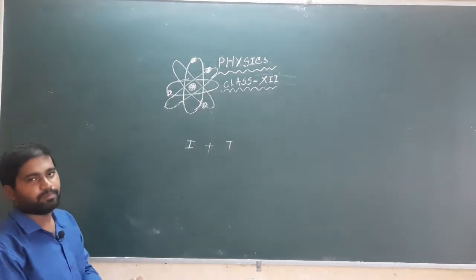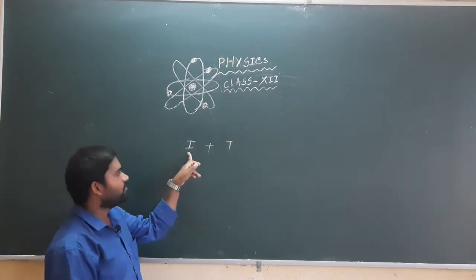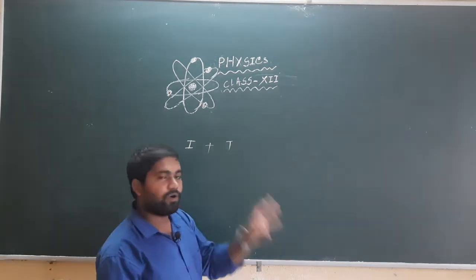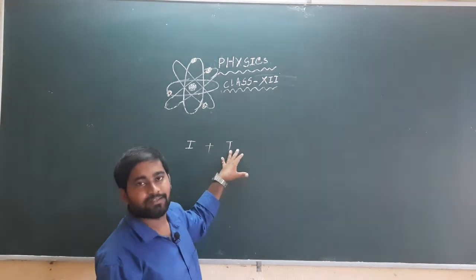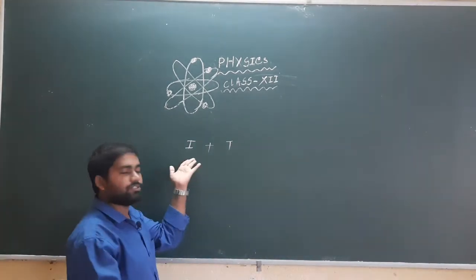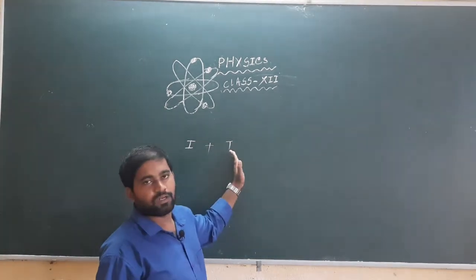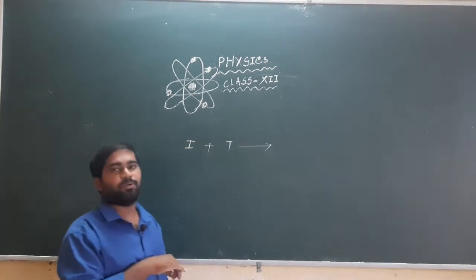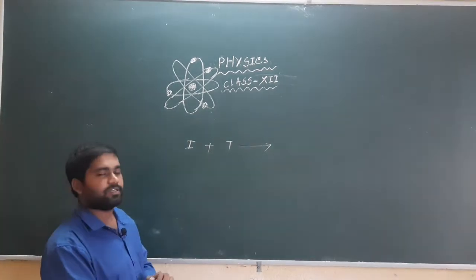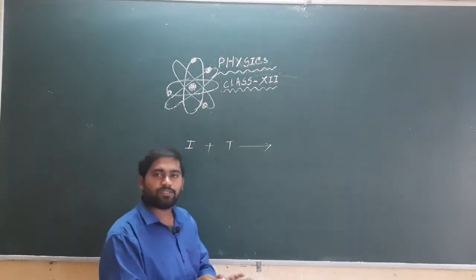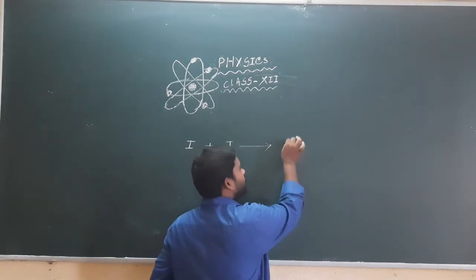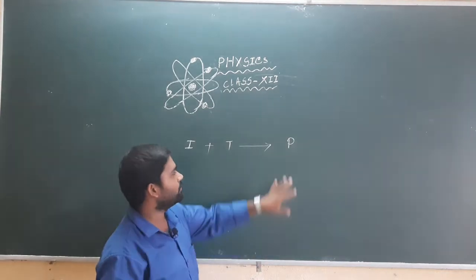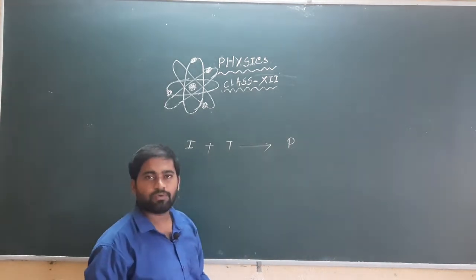When the incident particle falls on the stable nucleus and collides with the target nucleus, there is a disintegration of that stable nucleus, and because of this disintegration another nucleus is formed. Suppose we name it the product nucleus.